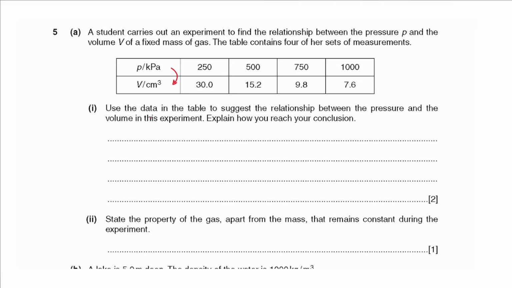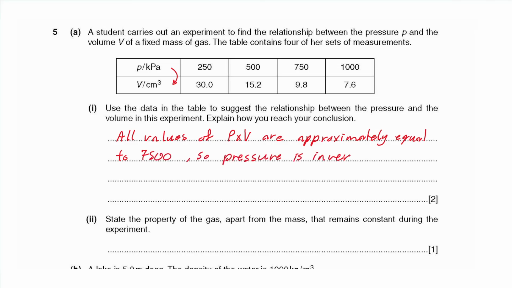If you multiply 250 by 30, 500 by 15.2, 750 by 9.8, 1000 by 7.6, these all give an approximate value of 7500. They are not all the same, but they are approximately 7500. So we say that all values of P times V are approximately equal to 7500. So pressure is inversely proportional to volume.